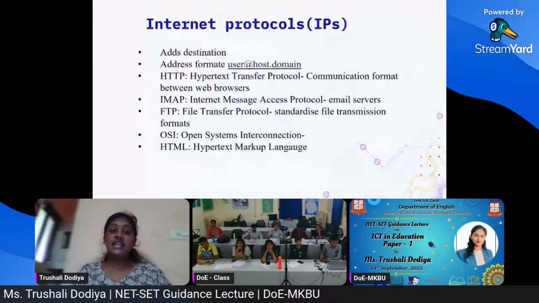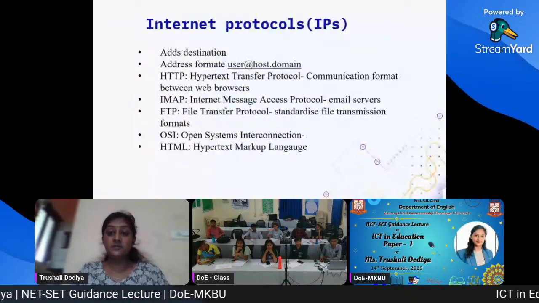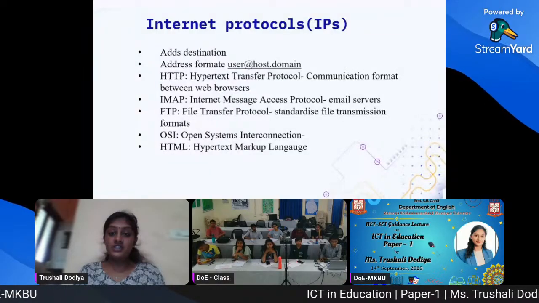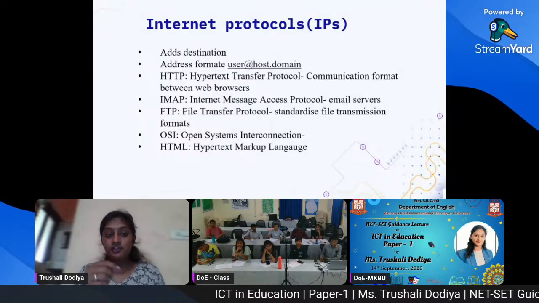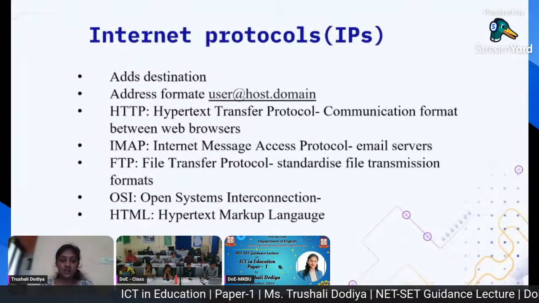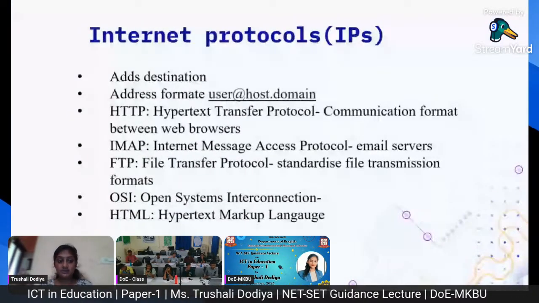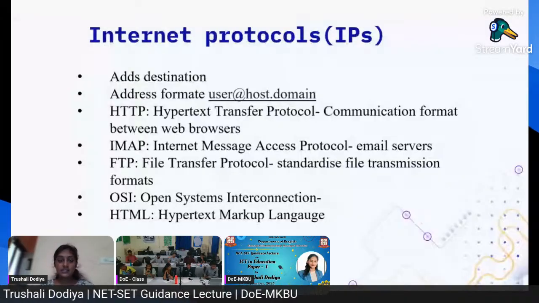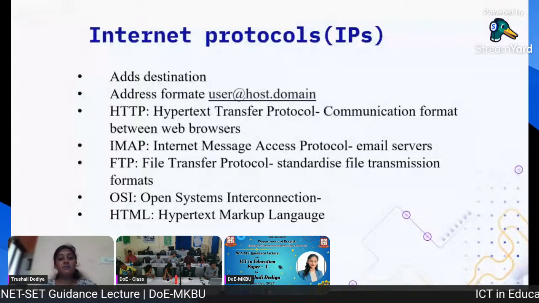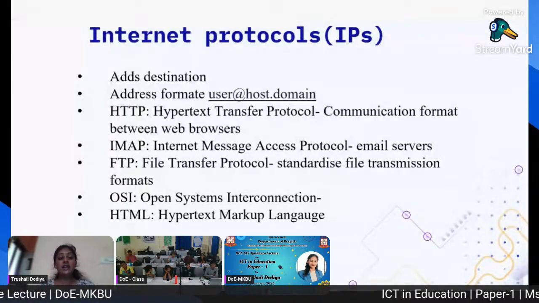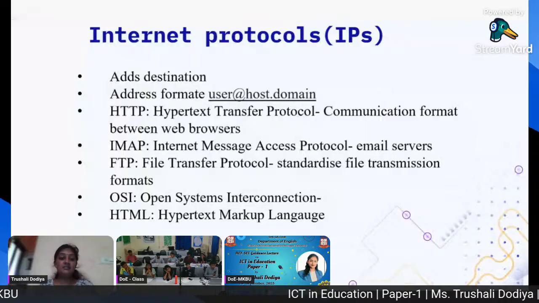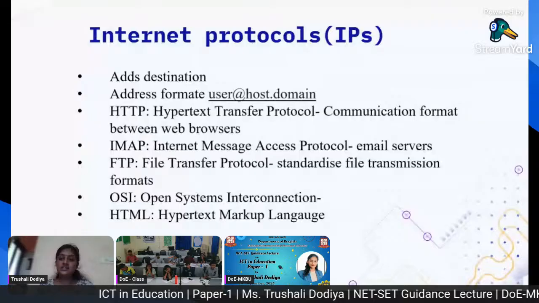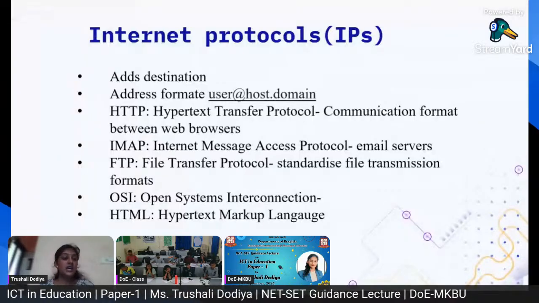HTTP, which stands for Hypertext Transfer Protocol, is the communication format between web browsers. In the beginning of our website address, there is HTTP slash. So this describes the communication format between web browsers. Then there is IMAP, which is Internet Message Access Protocol, for email servers in terms of messaging and all.